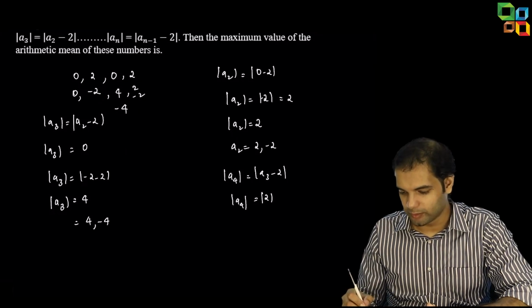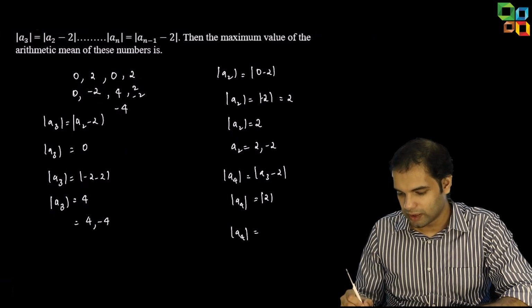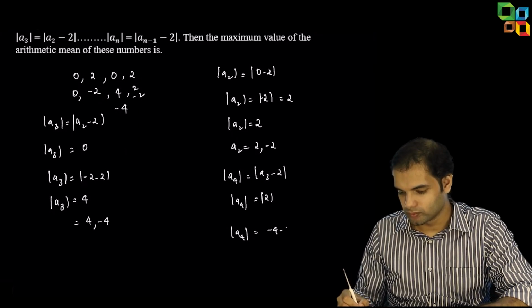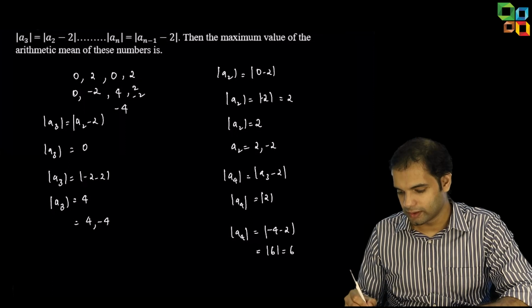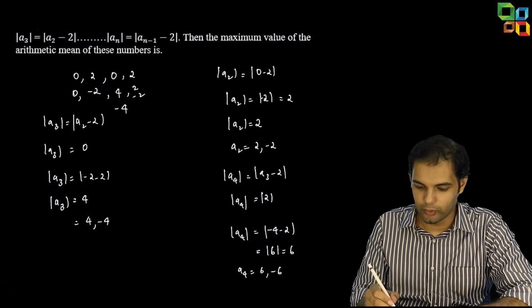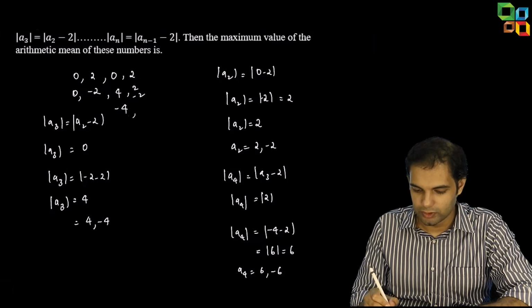Suppose I get minus 4. So mod of A4 will be minus 4 minus 2, which is mod 6, which is 6. Or A4 is plus 6 or minus 6. This is for minus 4. So minus 4 can be plus 6 or minus 6.